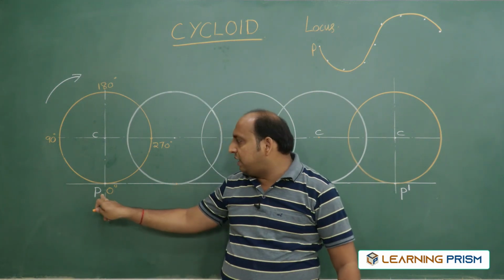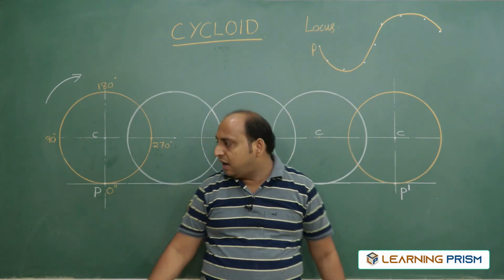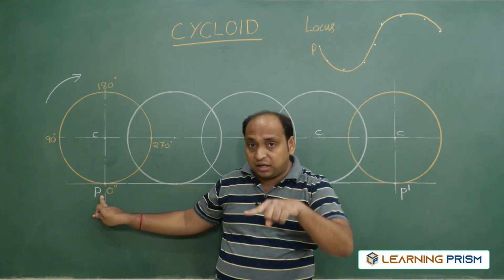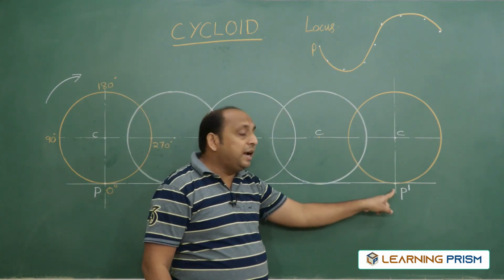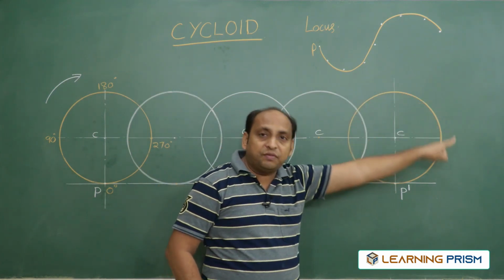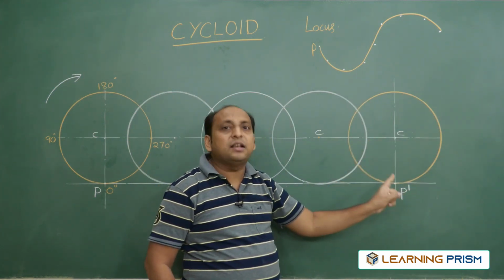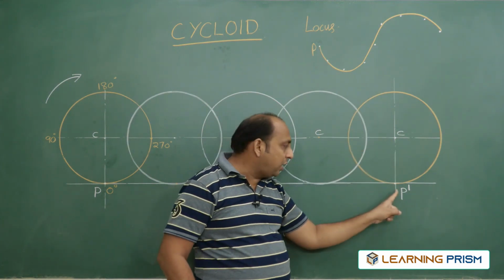So the point P taken on the ground will again come and touch the ground. That's why P is the initial point on the ground on the circumference of the circle. P dash is the final point on the ground on the circumference of the circle. Actually the point is on the circumference of the circle. Because it is touching the ground, I have located the point here.